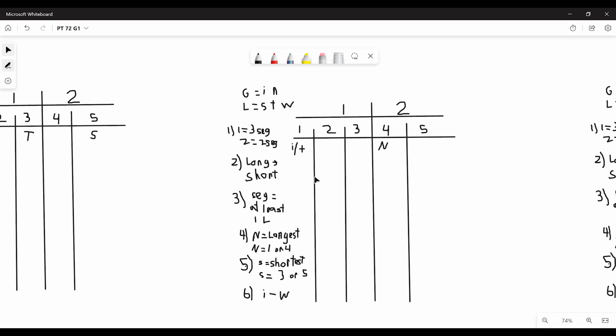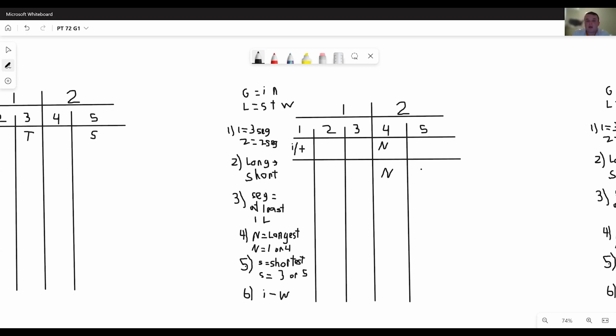I know that W can't be first because international is longer than the weather. And then I can't put national either, so it's just going to be between international and T. Okay, so I got B.